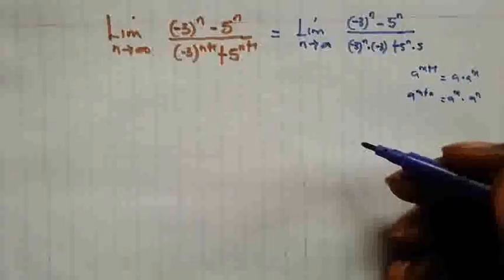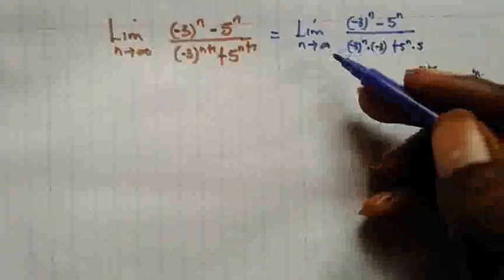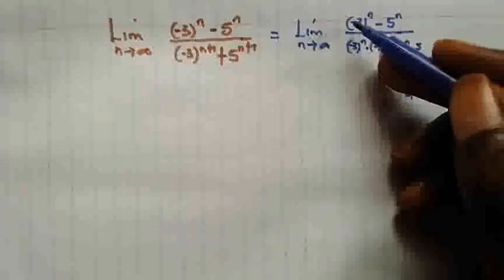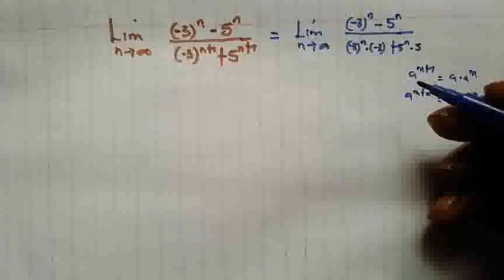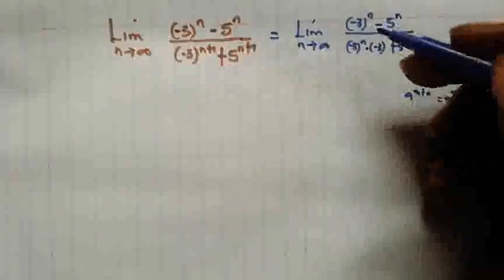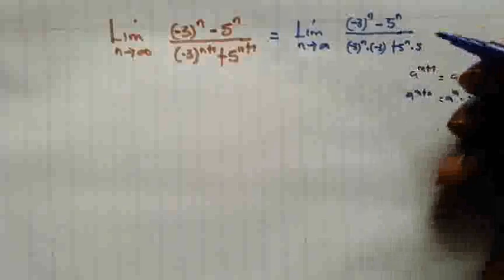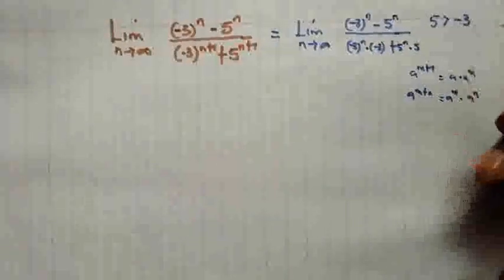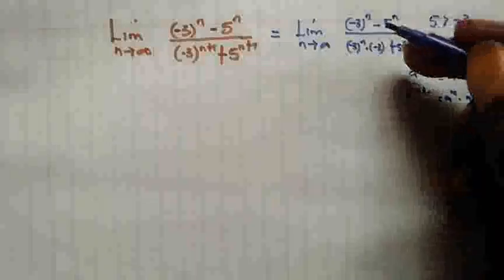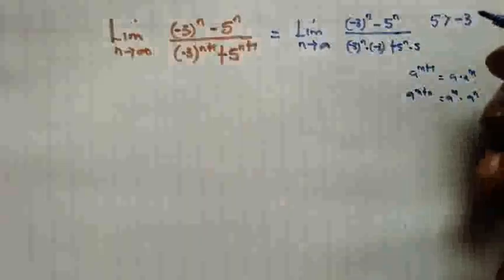Okay, now before I proceed, I need to divide the numerator and the denominator by 5^n. Why am I dividing by 5^n? I observe that 5 is greater than -3. Because of this, I'm going to divide both up and down by 5^n.